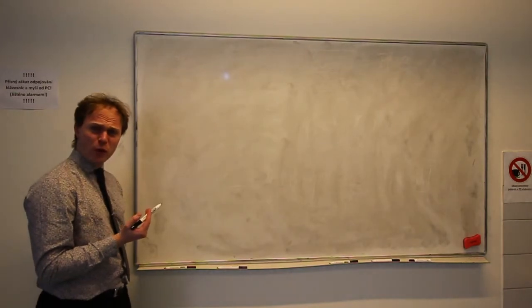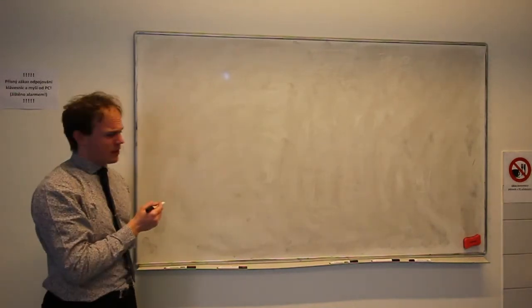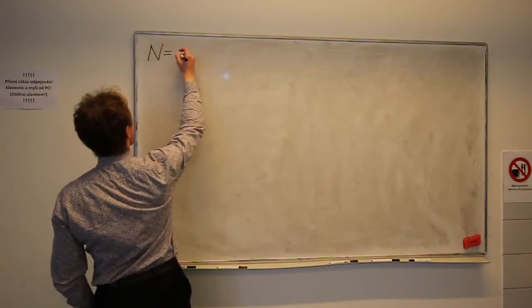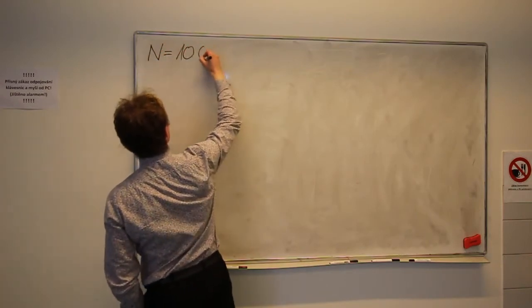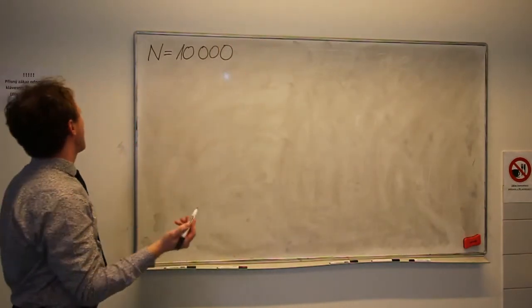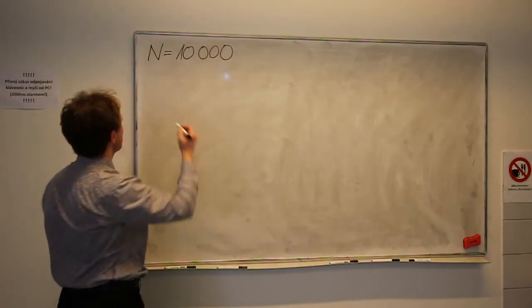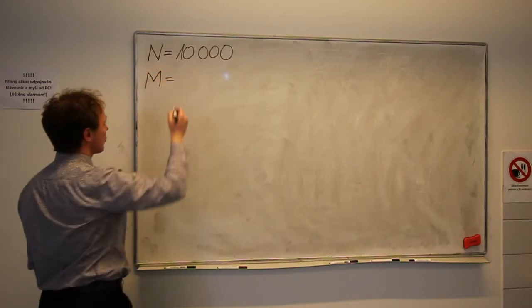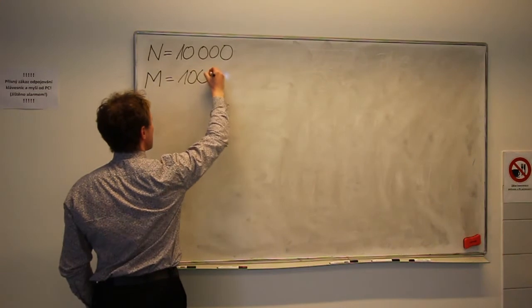Okay, so do you remember the conditions from the example? There was written that we have a population of 10,000 inhabitants, a small town. There is a special characteristic which can be denoted by capital M equal to 100.